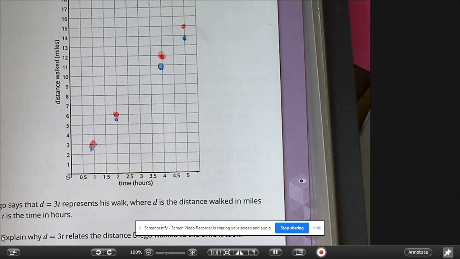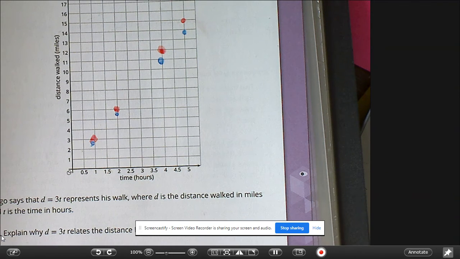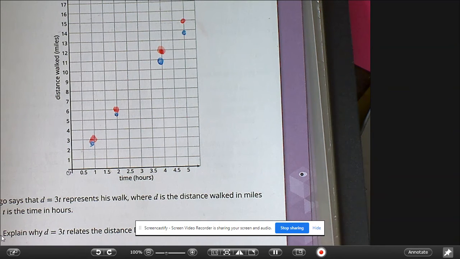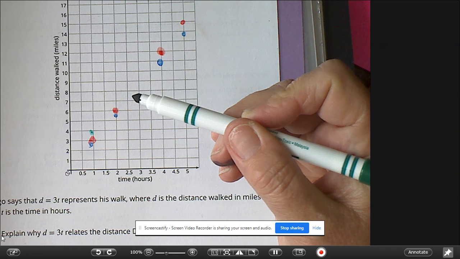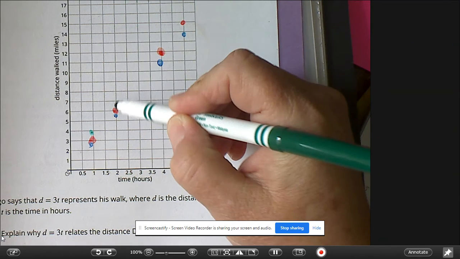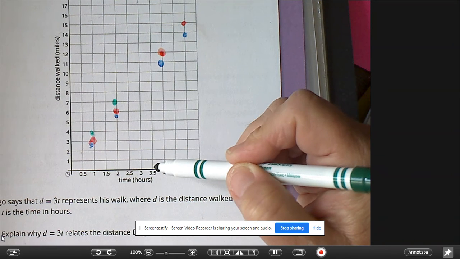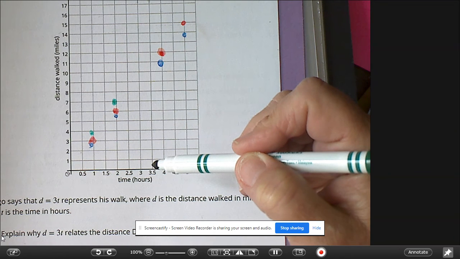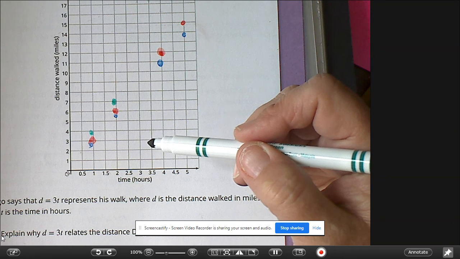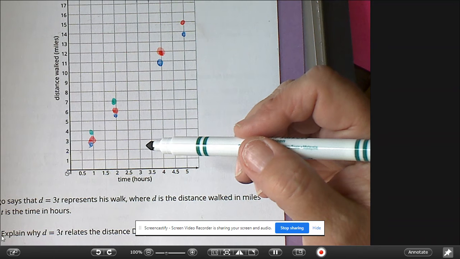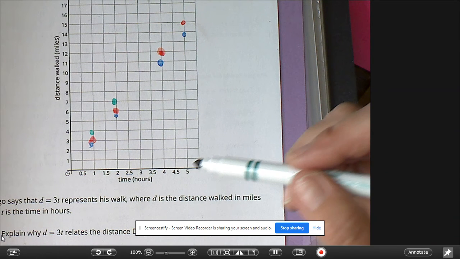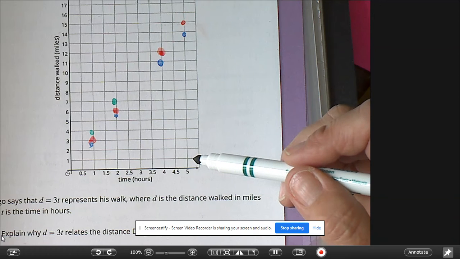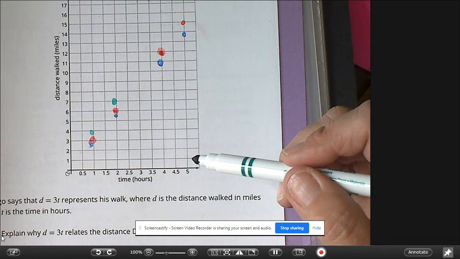And then for Andre, I'm going to use green. And Andre walked 3.5 in 1 hour. And in 2 hours, he walked 7. I erased mine. All right, so in 4 hours, he walked 14.